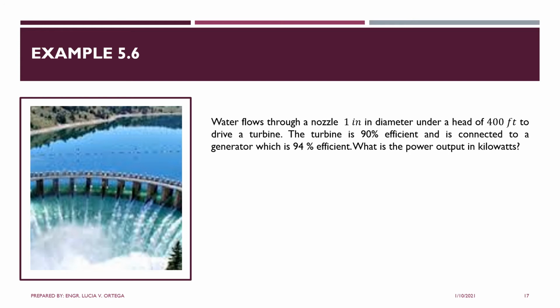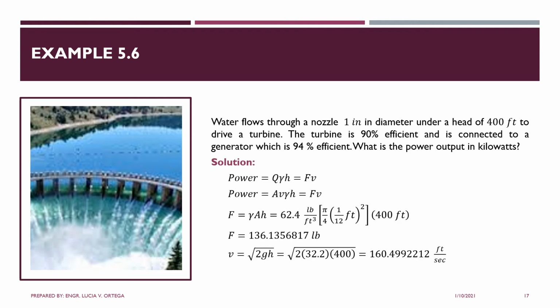What is the power output in kilowatts? Those who have taken hydraulics are familiar with the nozzle and turbine. The equation for power from hydraulics, or maybe you have discussed this in your physics, is Q gamma H. Q is the discharge, gamma is the unit weight of water, H is the head.